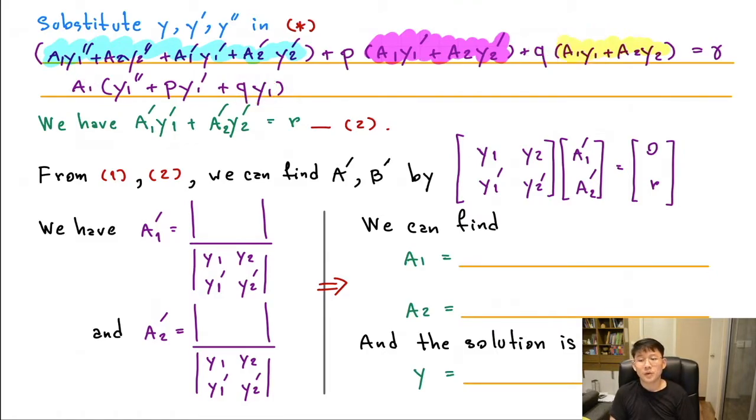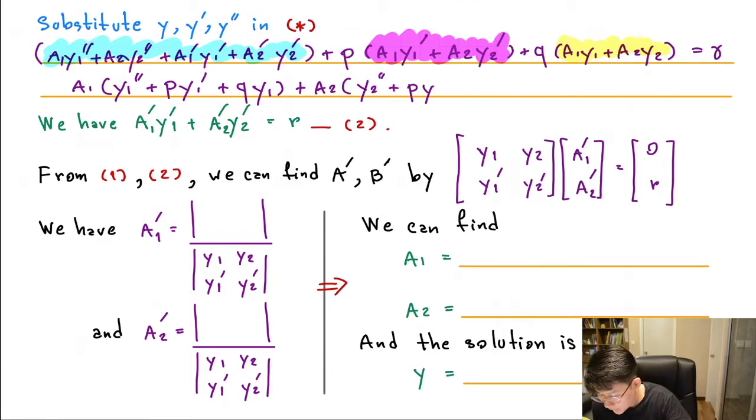The next term is plus a2 y2 double prime plus p y2 prime plus q y2.